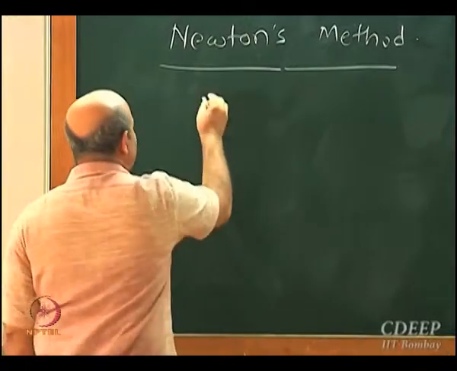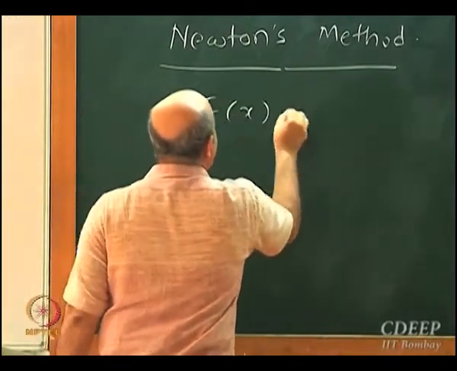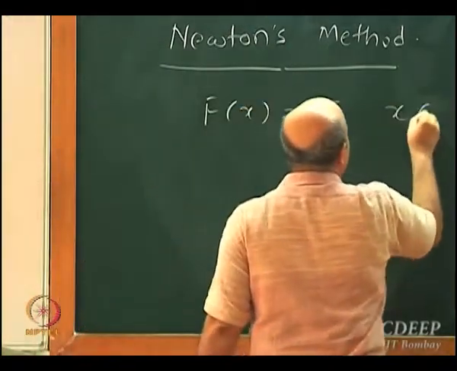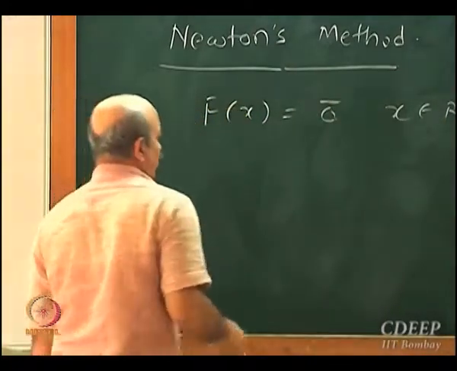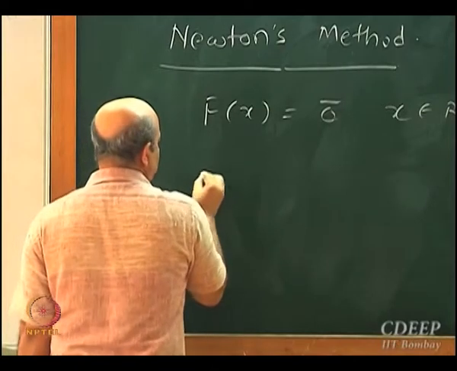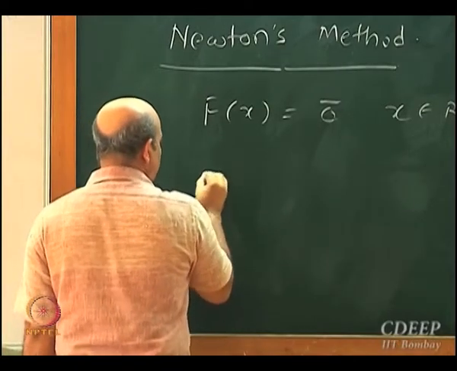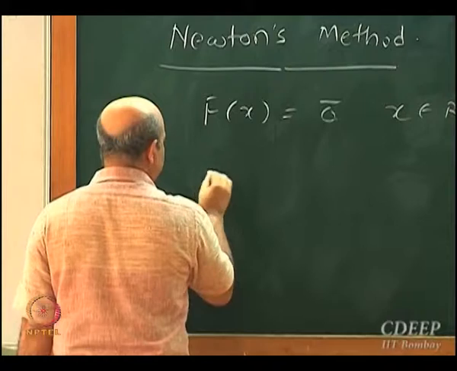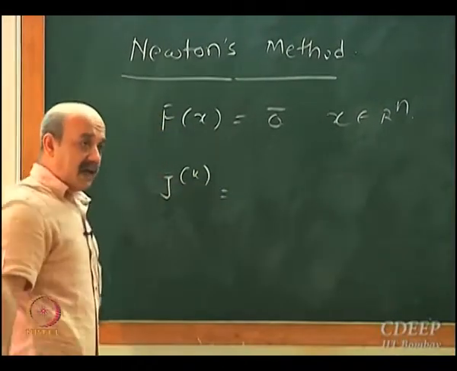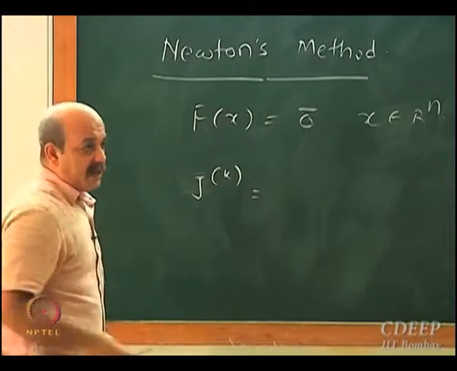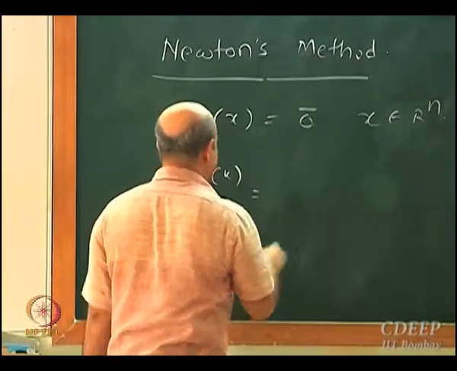I want to solve for f of x equal to 0, x belongs to Rn, and then all that you do at each time point is you solve for this. Let's define this Jacobian at time k. To make my writing simple, I am going to use this terminology Jk.